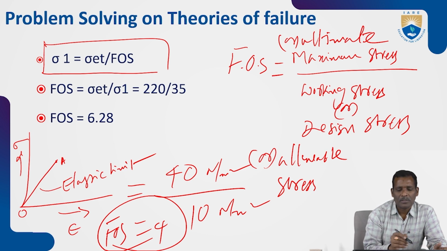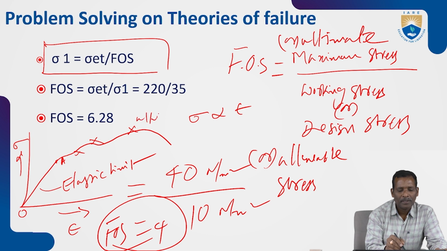The stress is directly proportional to strain. So beyond this point, it enters into deformation, that is lower yield point, upper yield point, and ultimate stress and failure point.